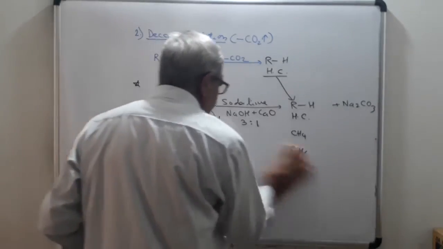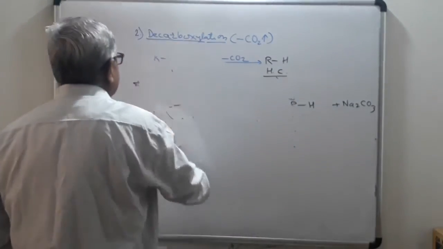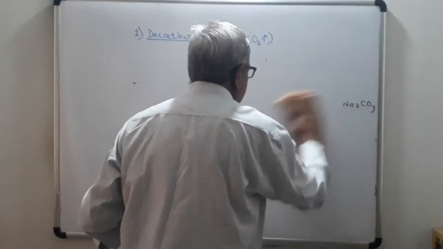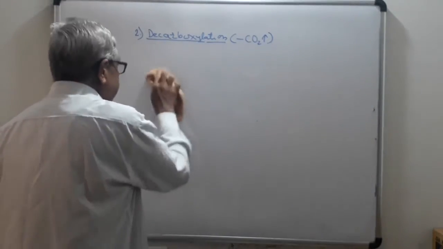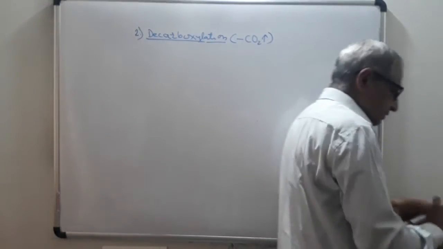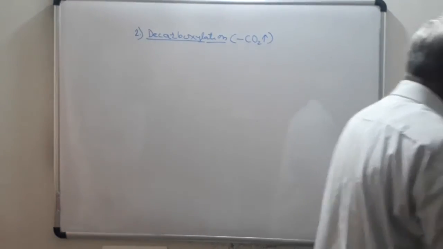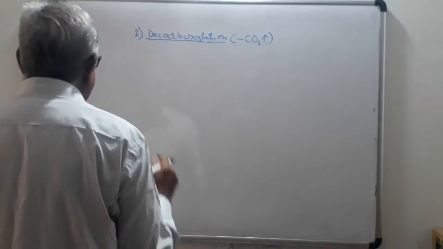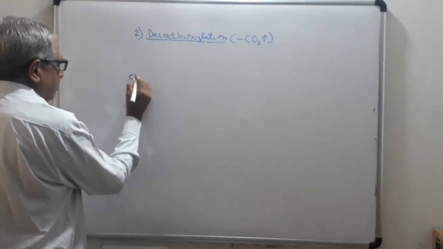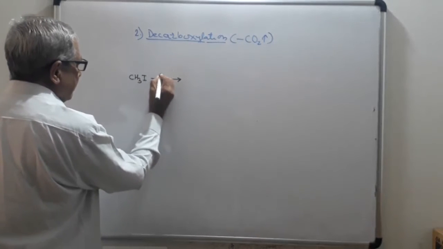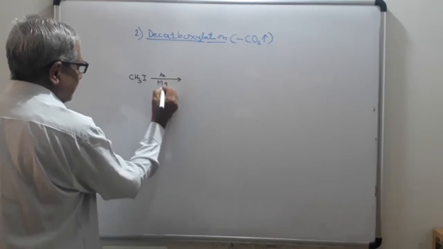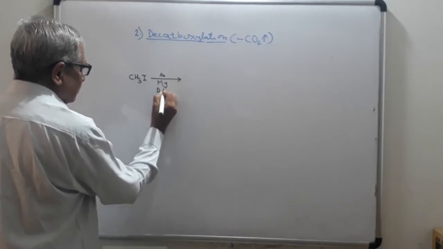So I will take one objective question here on the decarboxylation of carboxylic acids. It is a very, very important question, so note that question here. CH3I, methyl iodide. This is your topic number 1, alkyl halide. It is heated with pure and dry magnesium metal in the presence of dry ether.